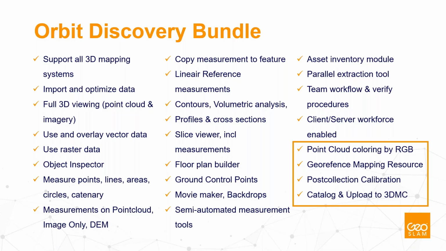You can see on the slide in front of me what those components are: being able to import and optimize the data, view the data in 3D, use vector data, inspect the objects, do the measurements, look at contours and a bit of volume analysis, and some of the semi-automated measurement tools that Joanna will show you in relation to white lines in the central area, asset inventory, all of this key stuff that you're going to want to deliver when you're doing urban mapping.